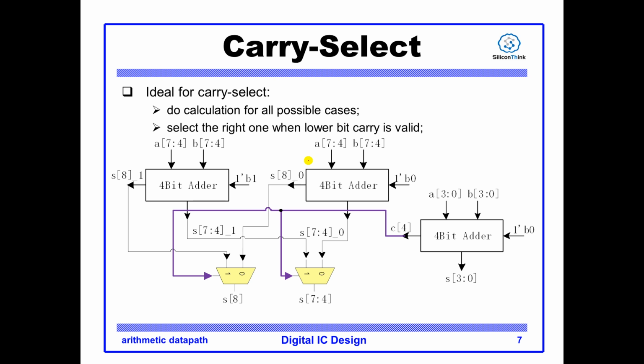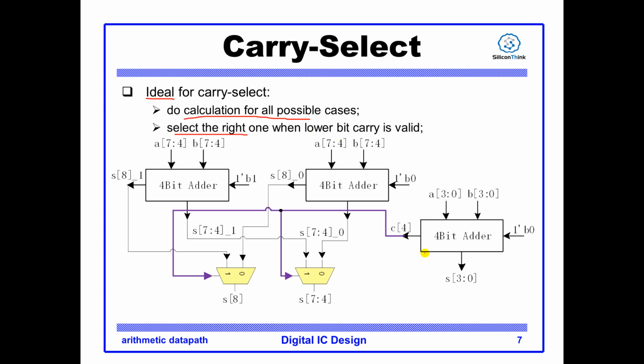The first one I want to introduce is carry select. The architecture name is carry select. Let's first talk about the idea. The idea for carry select is that you calculate all the possible cases, and choose the right one last.